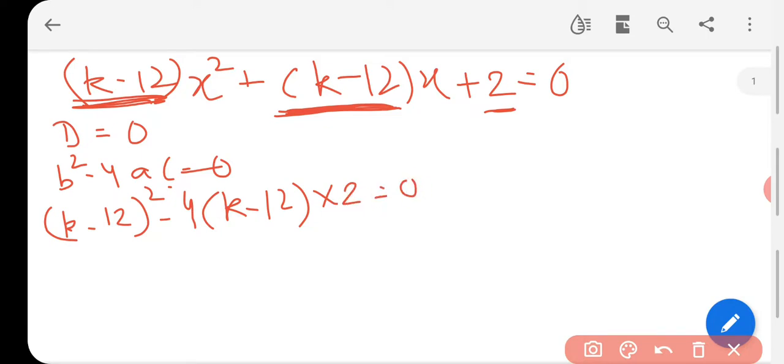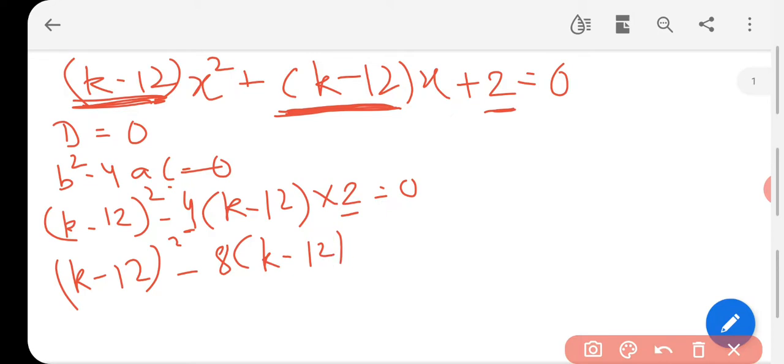Yes or no? Okay, now in the next step we need to simplify this equation. It becomes (k minus 12) whole square minus 4 into 2, which is 8, into (k minus 12), equal to 0. I hope this is clear to all of you. Now beta, see, there are two terms. In the first term we have (k minus 12) whole square, and in the other term we have 8 into (k minus 12).